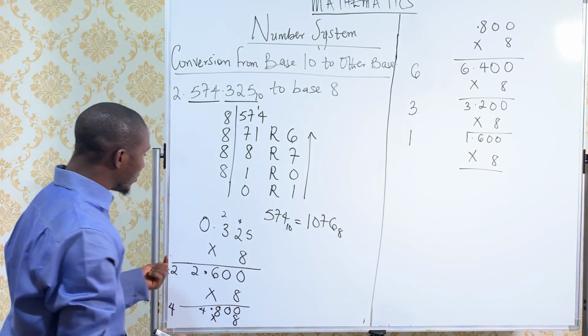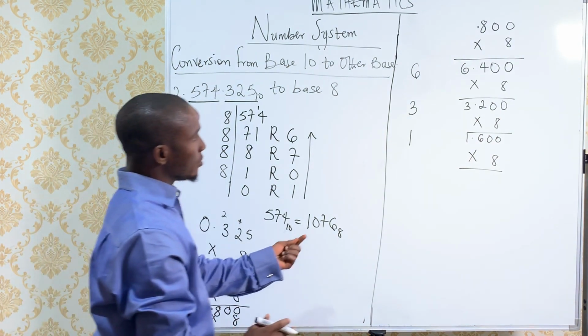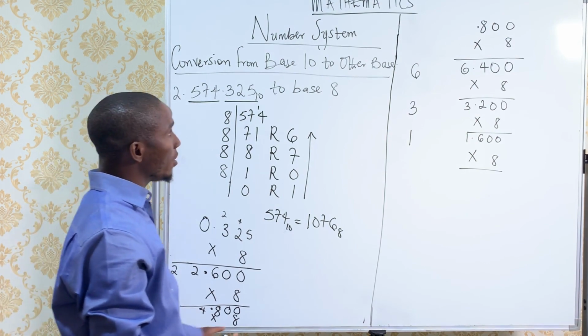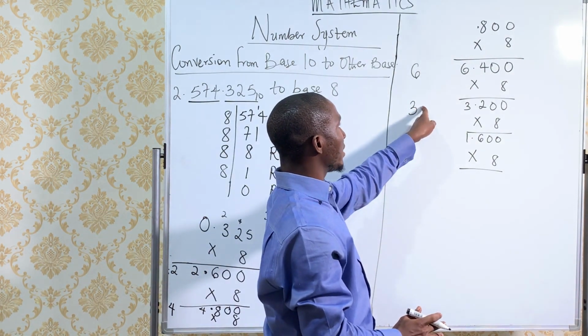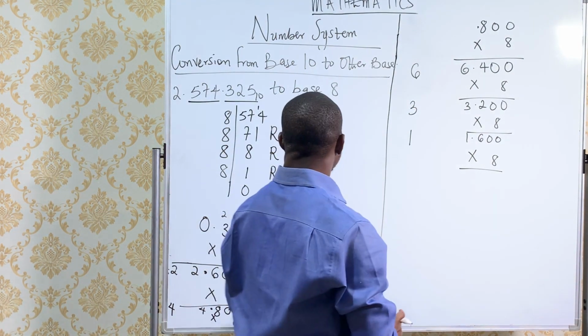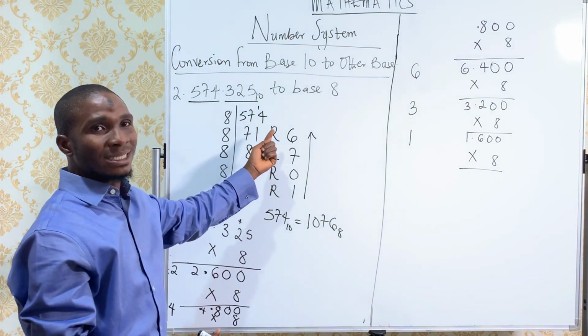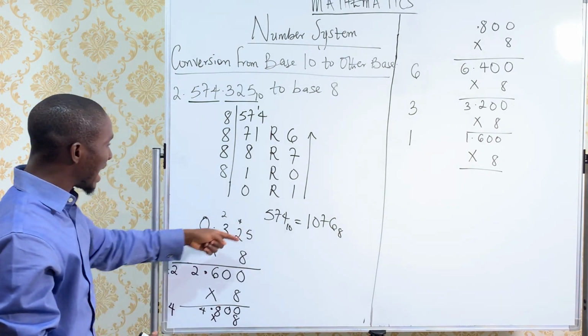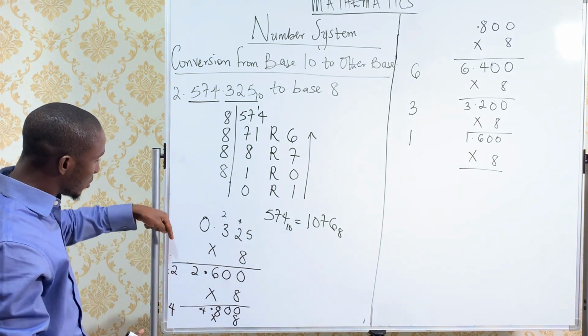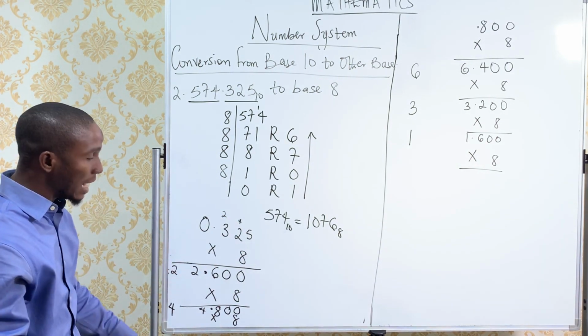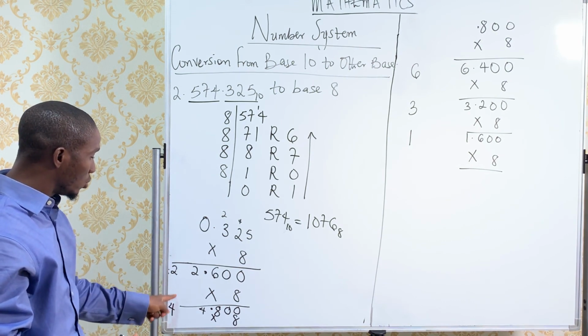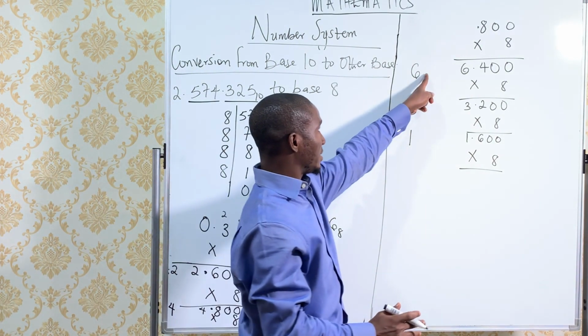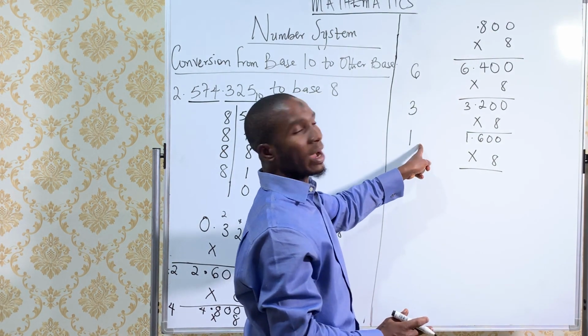Now, when you look at the numbers we have, 2, 4, 6, 3, and 1. Remember, when we are dividing, we start our reading from the bottom up. But when you are multiplying the decimal part with 8, you start from the top down. So the number is now 2, 4, 6, 3, and 1.